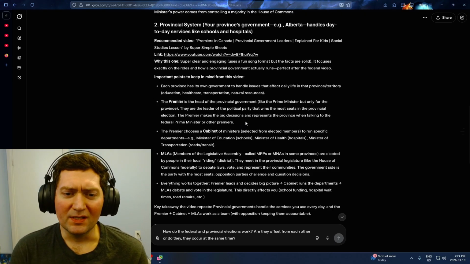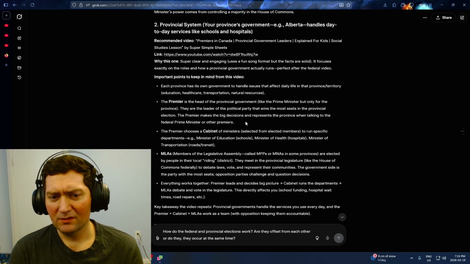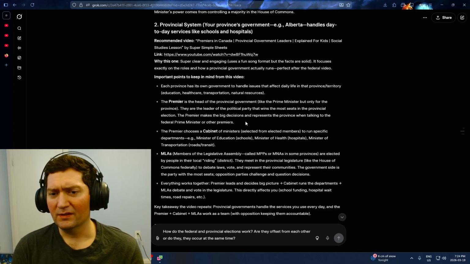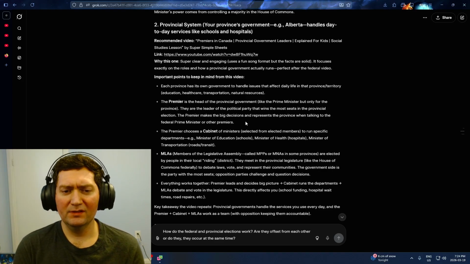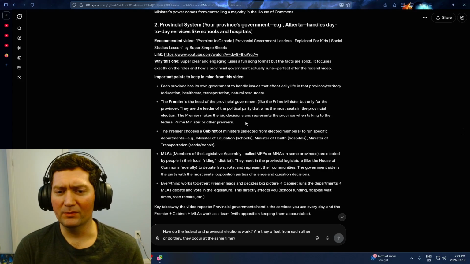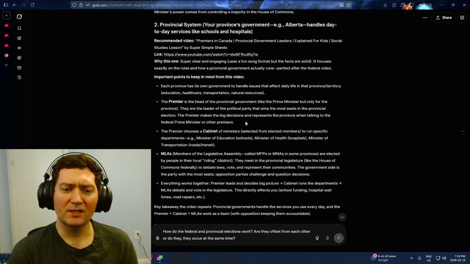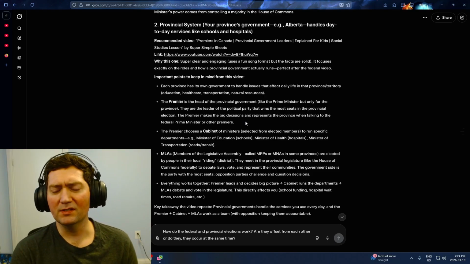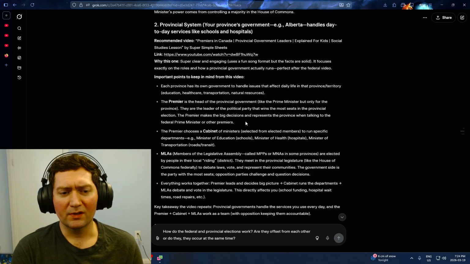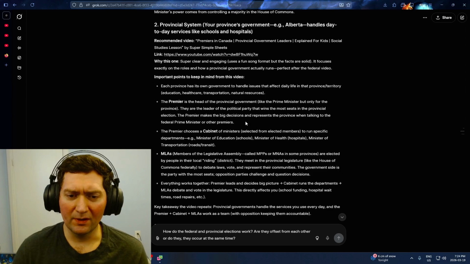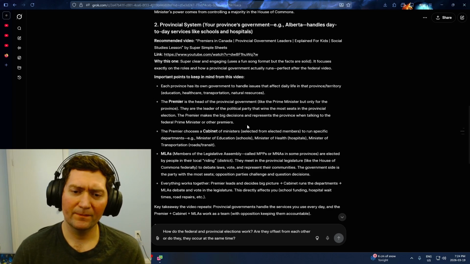The premier is the head of the provincial government. Like the prime minister, but only for the province. They're the leader of the political party that wins the most seats in the provincial election. The premier makes the big decisions and represents the province when talking to the federal prime minister or other premiers.